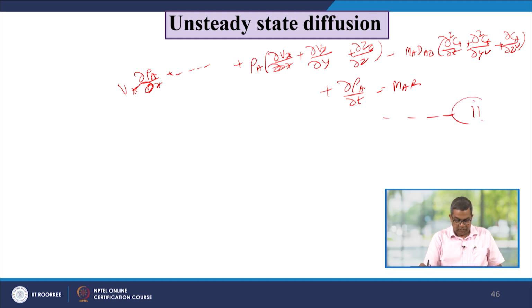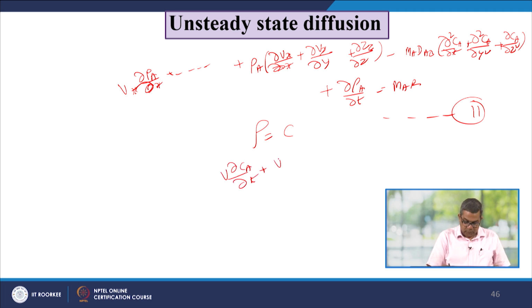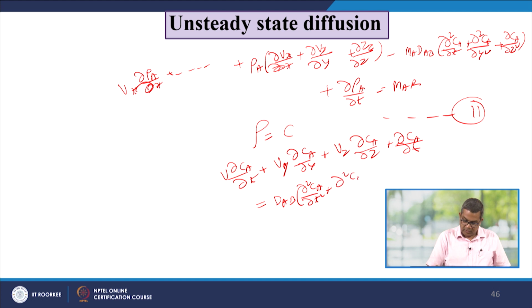This is equation number 11. Now, when rho is constant, using equation 10 and dividing by MA in equation 11, it becomes Vx del CA over del x plus Vy del CA over del y plus Vz del CA over del z plus del CA over del t, which is equal to DAB times del 2CA over del x2 plus del 2CA over del y2 plus del 2CA over del z2, plus RA. This becomes equation 12.